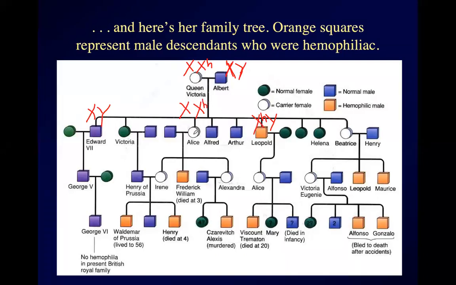She's normal, but she passed it on to her daughter over here, Alexandra, who got a normal X chromosome from her father, I forget who that was, and a hemophilia chromosome from her mother, Alice, who got it from her mother, Queen Victoria. Alexandra married this guy, Tsar Nikolai II, the last emperor of Russia, and he's XY.